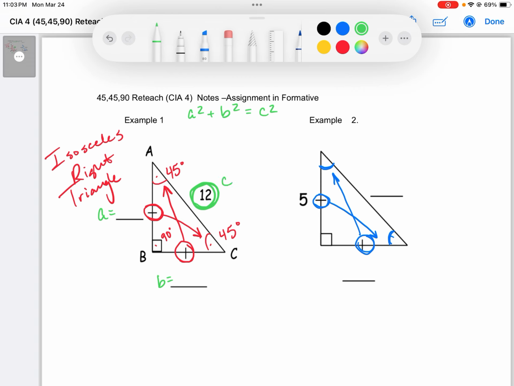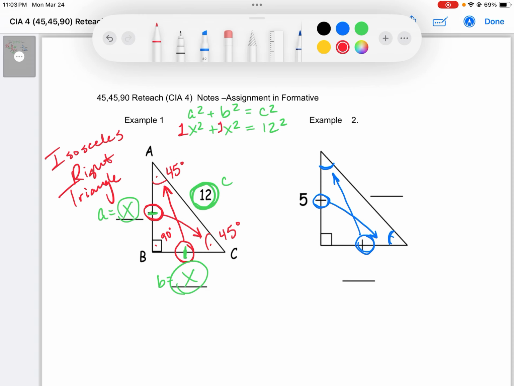And then c is always our hypotenuse, so that's c. We know that a and b are the same. So let's just say, to start off with, that they are x. We don't know what they are, but they're both x. So I would say x squared, because that's a, plus x squared, because that's b, equals 12 squared.